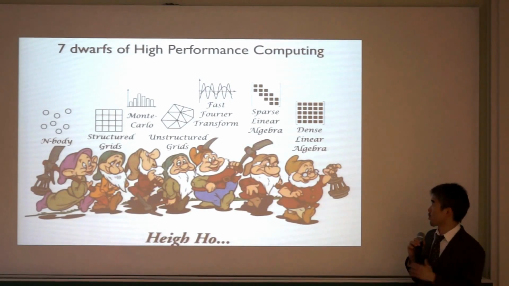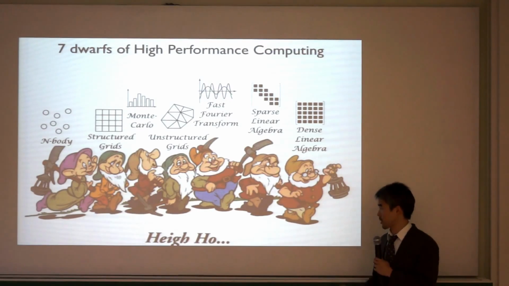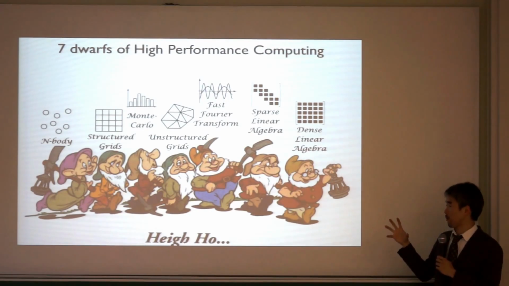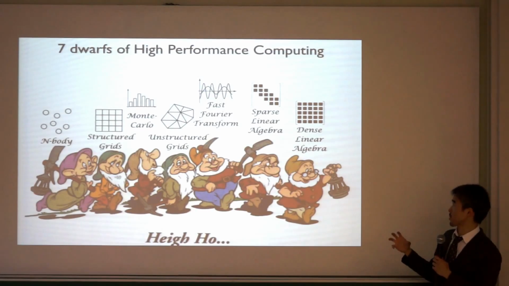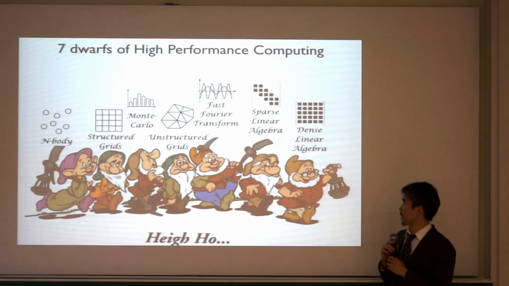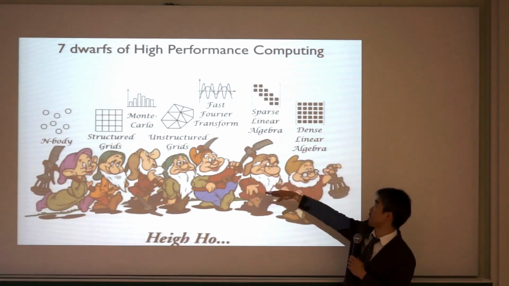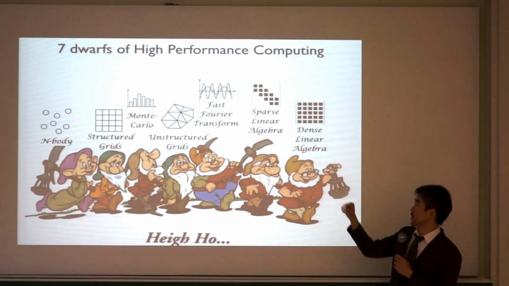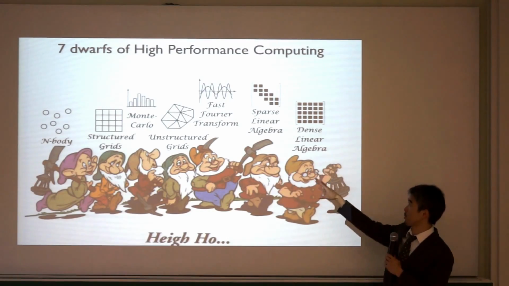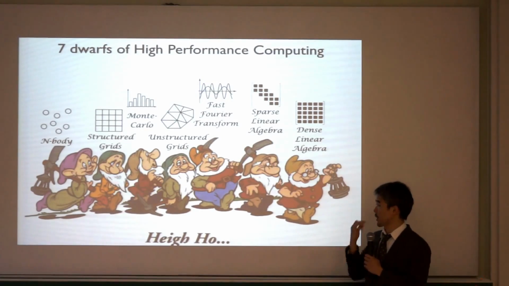The one on the far right, dense linear algebra, is things like dense matrix factorization, like LU factorization, Cholesky. Sparse linear algebra is where you have many zeros in your matrix, and you don't actually have a full matrix. And there are specific algorithms to solve those.